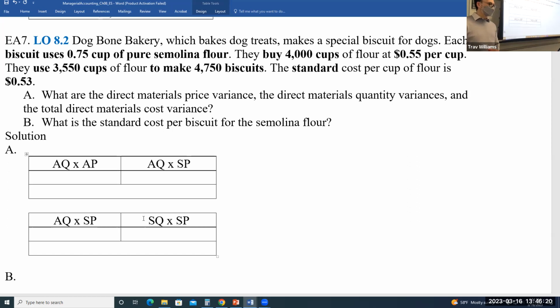Okay, what is our actual quantity of flour that we used? 3,550 cups, right? So we can put that everywhere where we have actual quantity, 3 different places. What is our standard quantity?